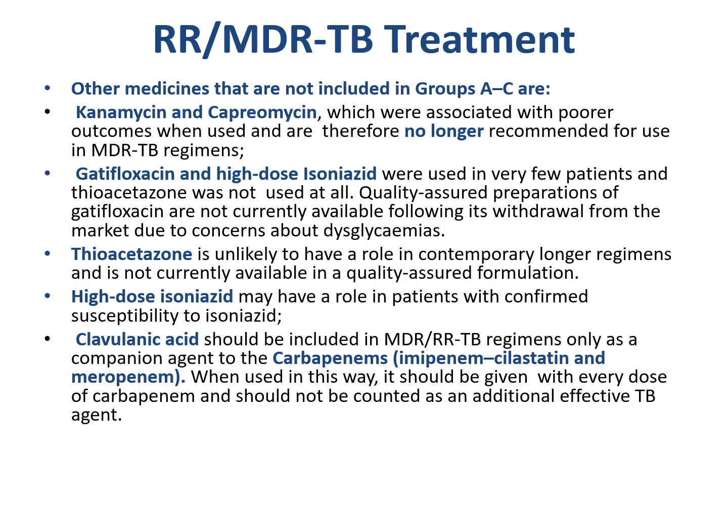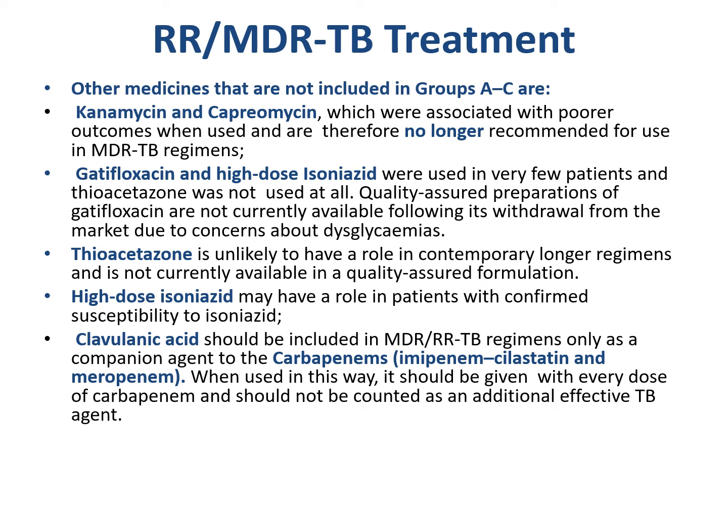Other medicines that are not included in Group A, B, or C are kanamycin and capreomycin, which were associated with poor outcomes when used and are therefore no longer recommended for use in MDR-TB regimens. Gatifloxacin and high-dose isoniazid were used in very few patients, and thioacetazone was not used at all.